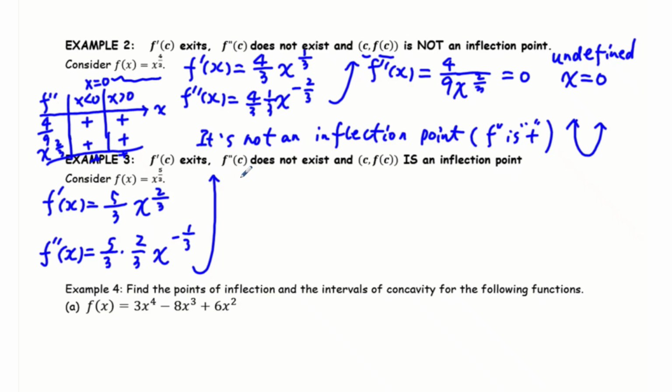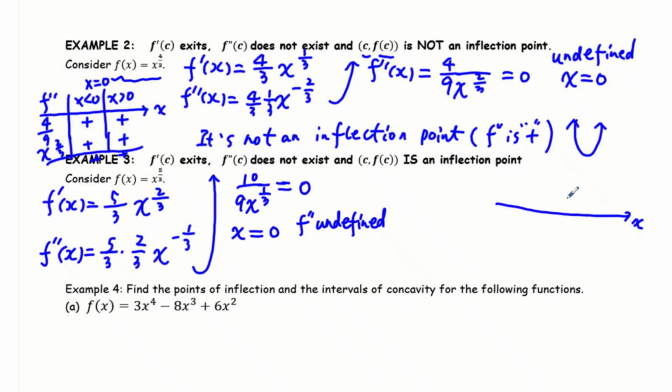We have 10 over 9, bring the negative exponent to the denominator, equals 0. You will see the numerator is 10. We won't have 0, but we do have denominator equals 0. We have x equals 0. So f double prime is undefined. So this is a possible point of inflection, and to determine whether it is a relative maximum or minimum point or a point of inflection, we are going to draw the chart.